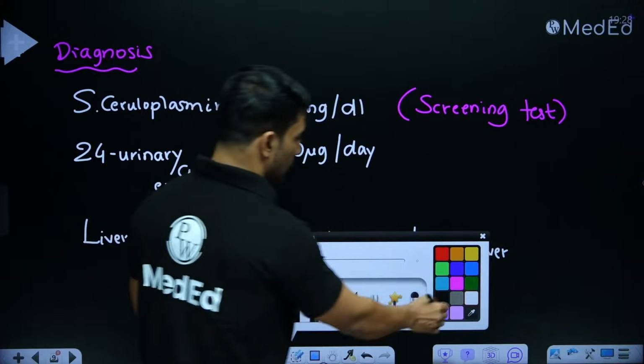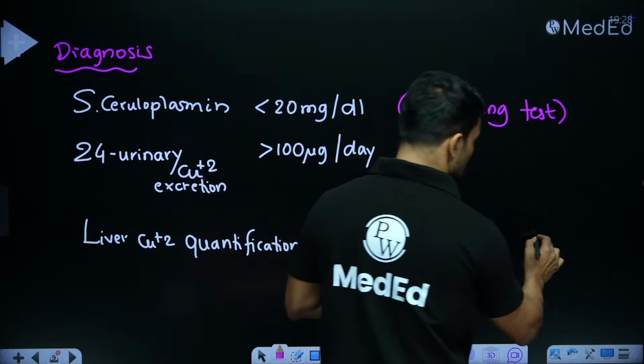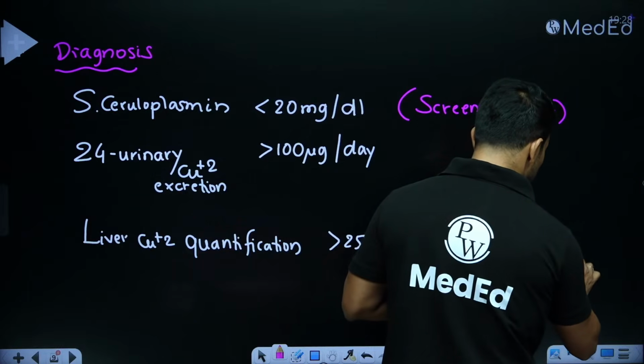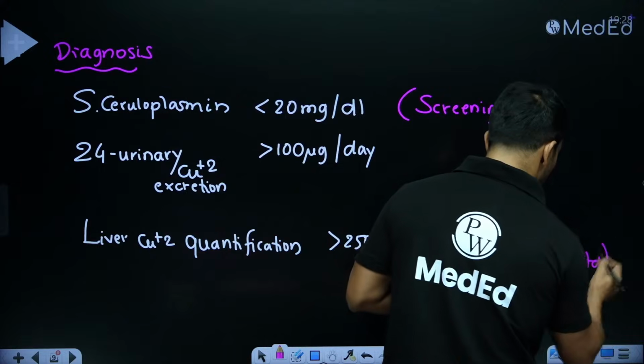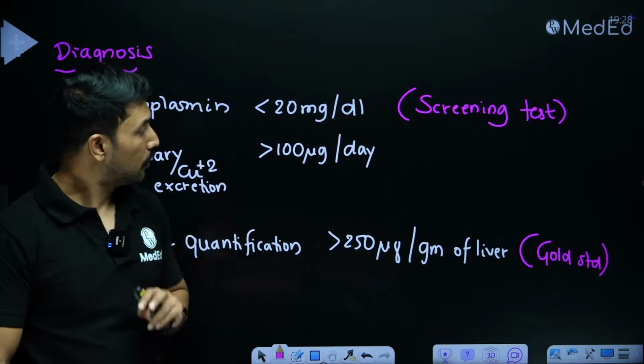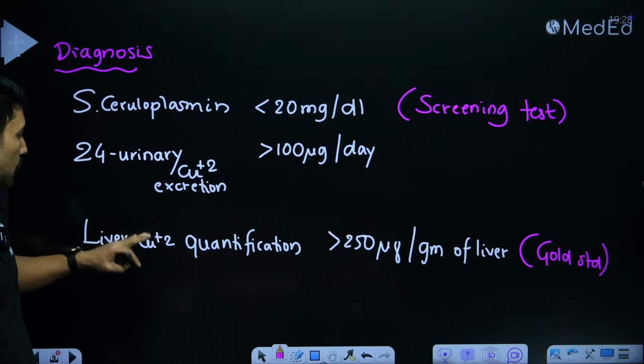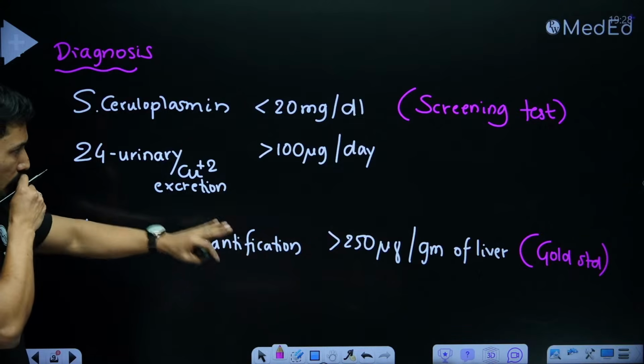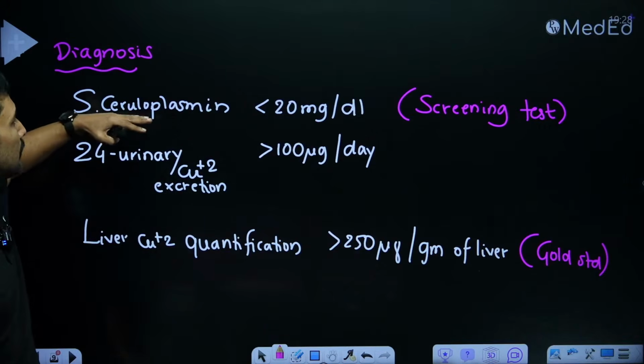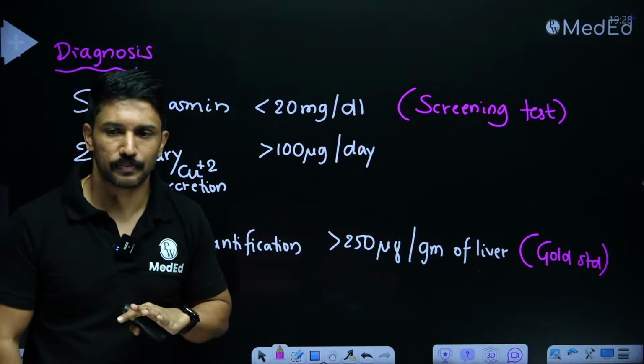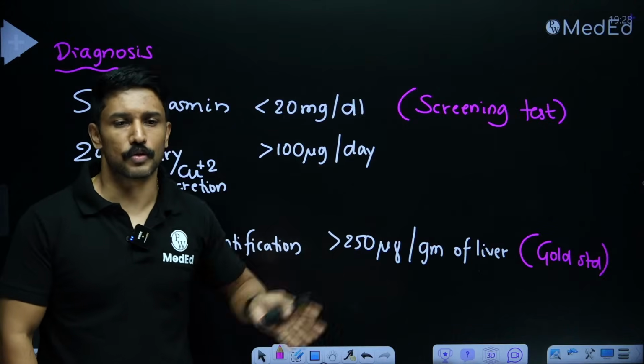This hepatic copper estimation is considered the gold standard investigation. So if they ask you what is gold standard, liver biopsy, liver copper quantification. And if they ask you what is screening test, serum ceruloplasmin level. Now these are for the MCQs.